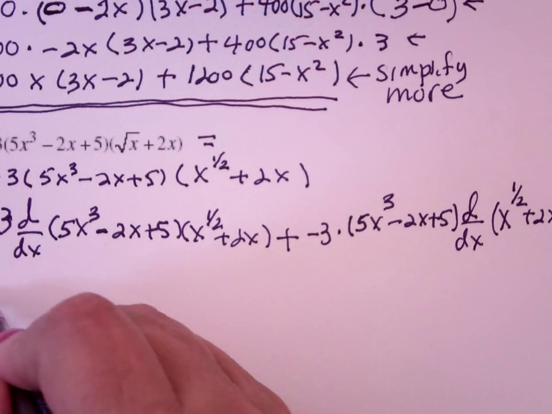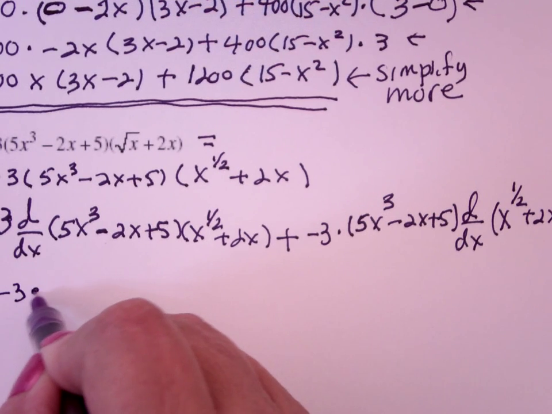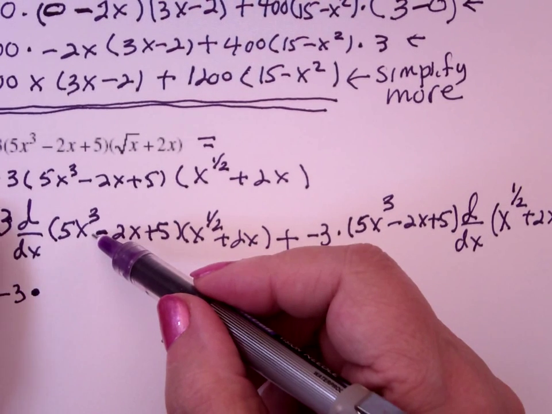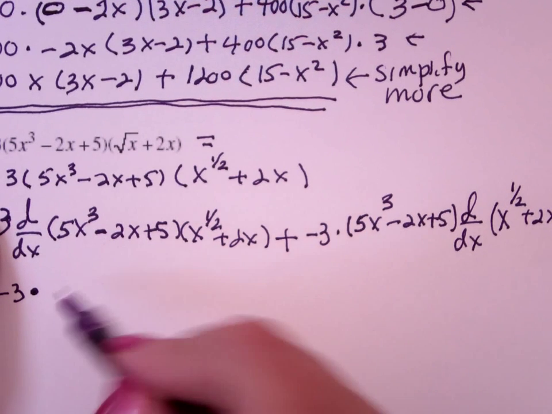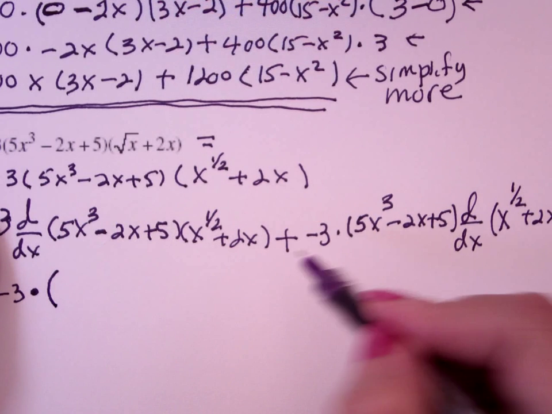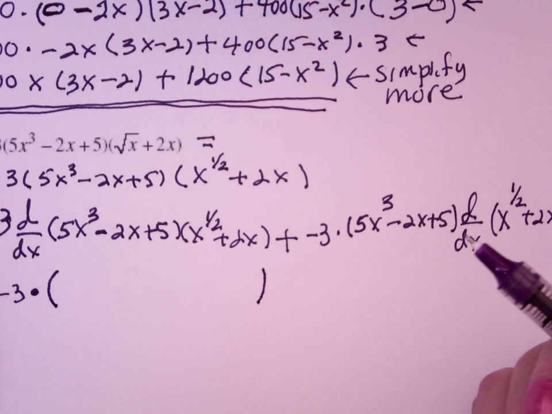So here we go. Negative 3 times, what's the derivative of 5x cubed? 15x squared. So that means that this set of parentheses is going to get differentiated.